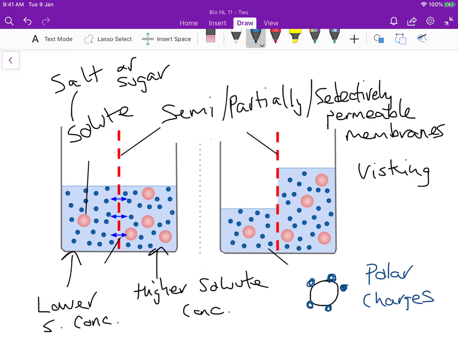But over here on this side, we're going to get water being stuck around the outside of these solute molecules. And that effectively reduces the concentration of free water molecules. And that means we'll get water moving overall as it gets stuck to the solute. We will have more water in this region over here, and that leads to the rise in the water level.